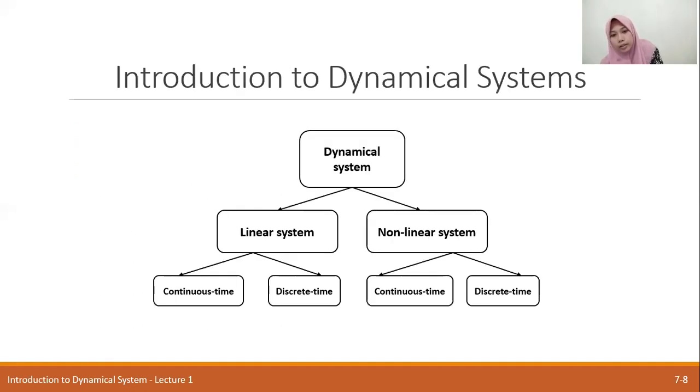Next, this is a flowchart about dynamical systems. I believe some of you are familiar with this diagram. A dynamical system is broken into two: linear systems and nonlinear systems. And in each, we have continuous and discrete time. In lecture 1 and lecture 2, I want to talk much about the linear system.